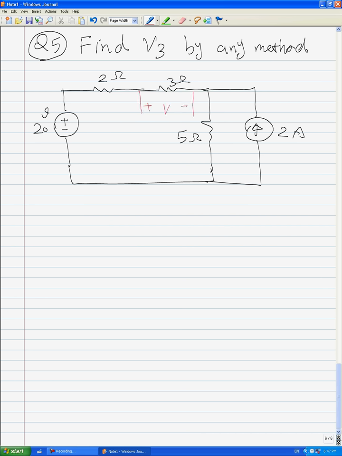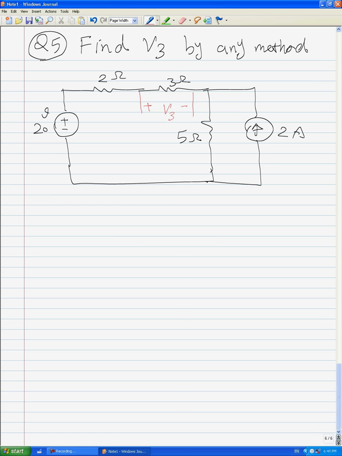This is V3, which we want to find by any method. Okay, important keys. You can solve this question by node method and mesh method, and also by any method we learned before.